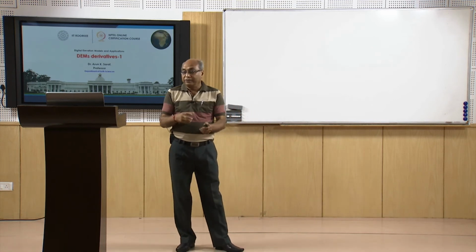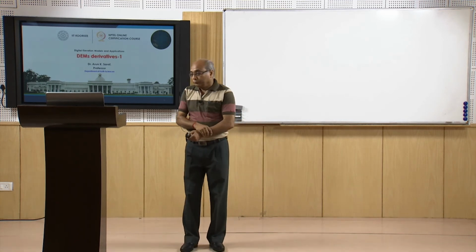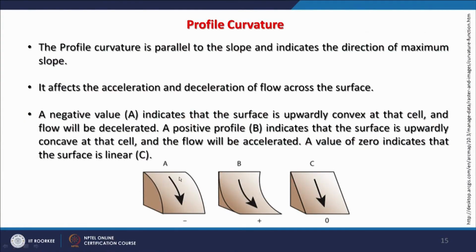In case of plan curvature, we were thinking of divergent and convergent flow. Here we are seeing the acceleration or deceleration, because we are measuring in a vertical plane, and it affects the velocity of your flow. So a negative value of profile curvature indicates the surface is upward convex, as in scenario A at the cell, and the flow will be decelerated because it has to pass through an upwardly convex slope.